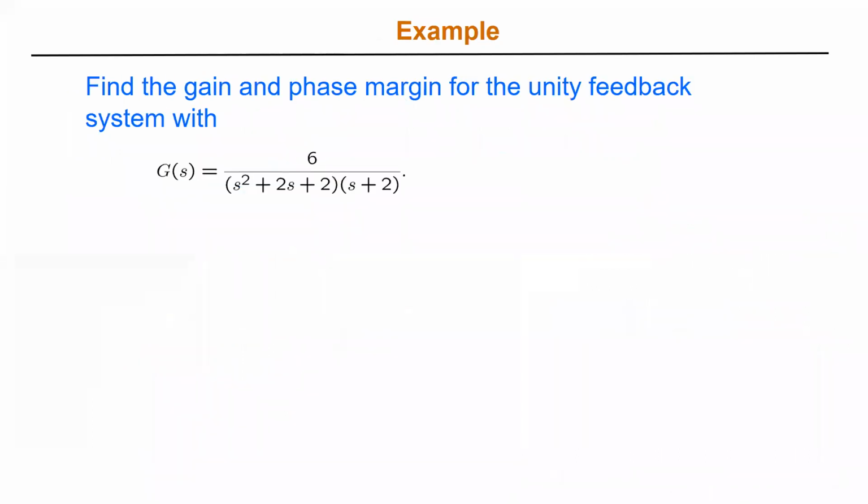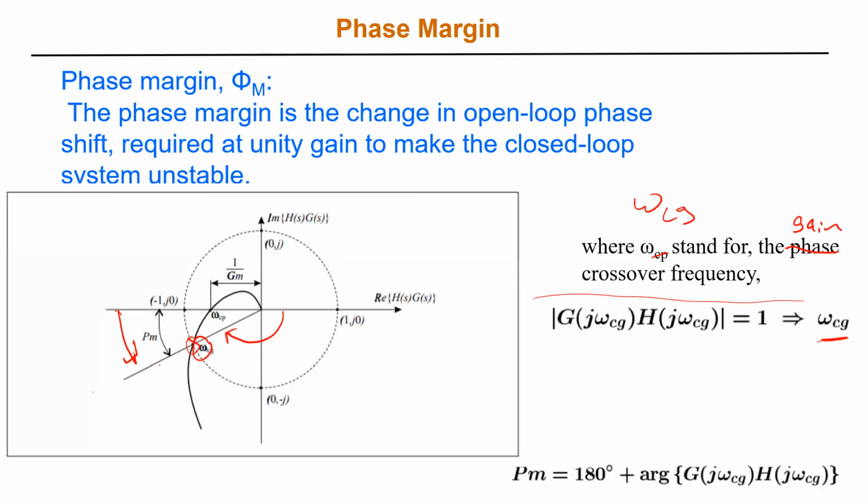Okay, let's take an example: find the gain and the phase margin for a unity feedback system. By the way, one more thing. Later on, we are going to relate the phase margin, in particular for a second order system, to zeta.